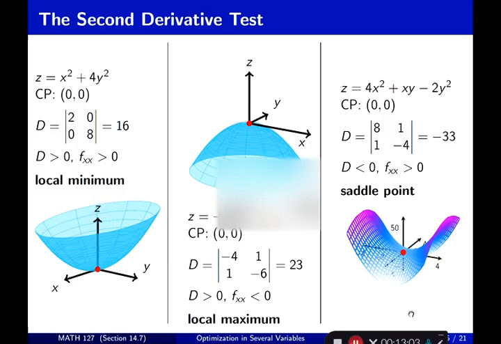So the question at this point is why the discriminant is telling us so much information. It turns out, similarly to Calculus 1, or maybe a little differently, in the second derivative test we use Taylor series in multivariable calculus to approximate the surface just in that local area.